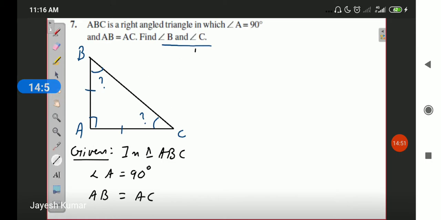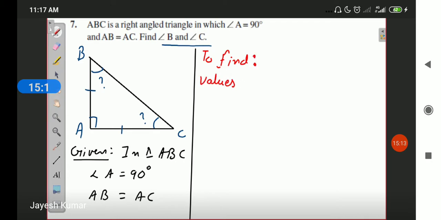Next, let's see what we have to find. Actually, not prove, we have to find something. What we need to find out are the values of angle B and angle C. We need to determine the values of angle B and angle C. Okay, so let us start with that.